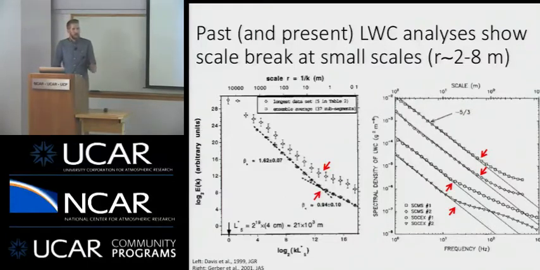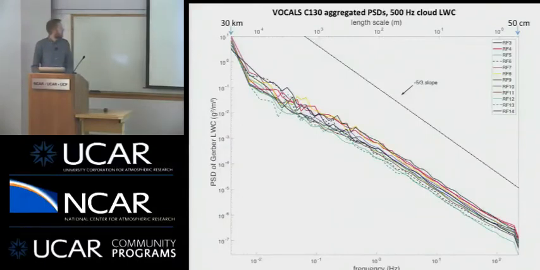So coming into our results now, here are the aggregated PSDs from VOCALS for each of the 12 research flights I could get 500 hertz data for. And the coloring of these curves doesn't matter. All I want you to note is that they all scale in approximately the same way. They deviate a little bit from this -5/3 line, which is what we would expect if they were just passive scalars in turbulence.